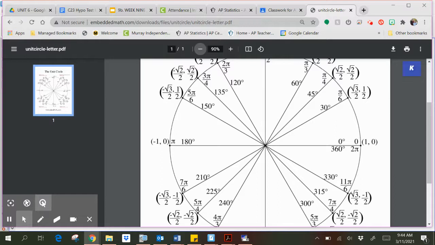The next one, where is arc tangent negative 1? Yes, but is that in the restricted domain negative pi over 2 to pi over 2? It would be the location where 7 pi over 4 is, right? But it has to be the coterminal angle, it has to be the negative angle, so it has to be negative pi over 4.